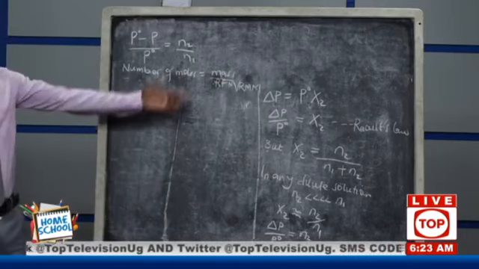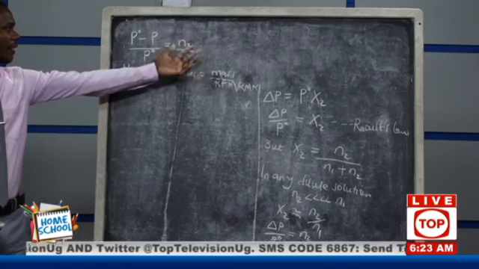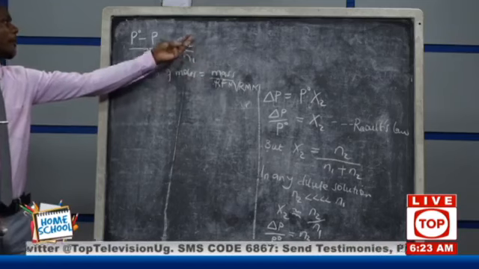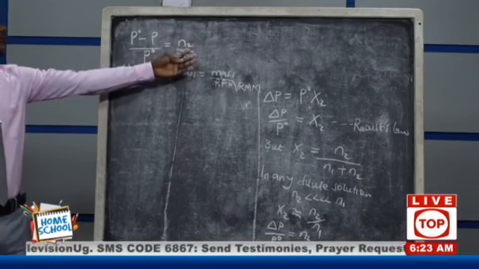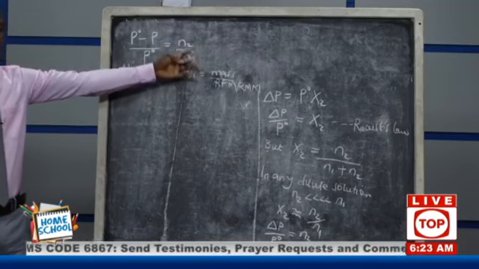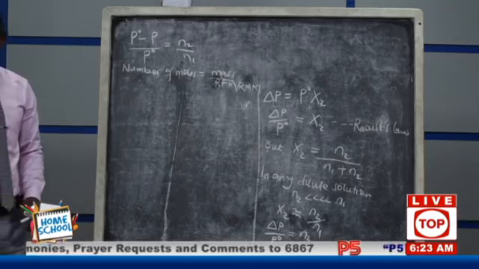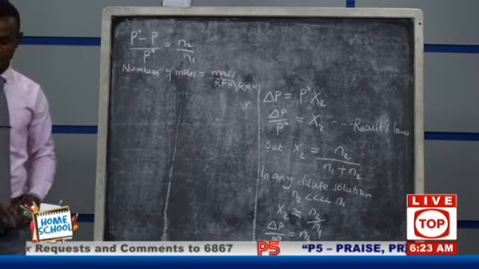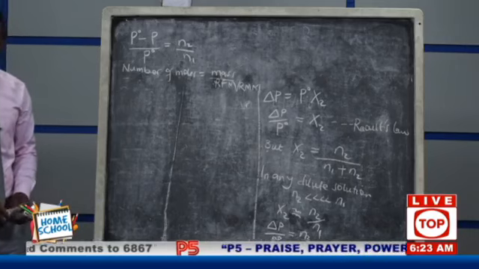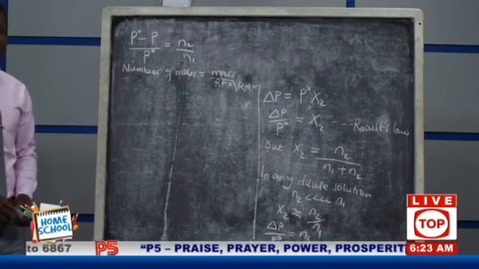So N2 will be mass of the solute divided by relative molecular mass of the solute, then N1 will be mass of the solvent divided by relative molecular mass of the solvent.